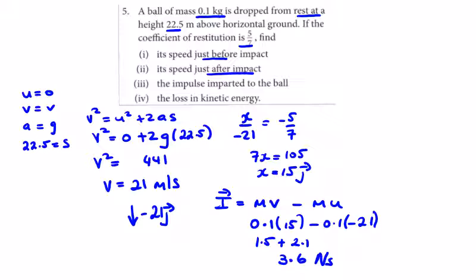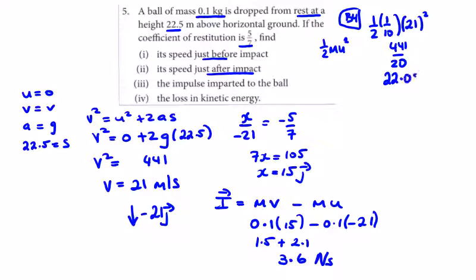And the loss in kinetic energy, well, half mu squared. So before, half times 1/10, to keep it as a fraction, 0.1 times the speed, which was minus 21 beforehand, so we just put in the 21 squared, which you know is 441, divided by 20, which is 22.05.